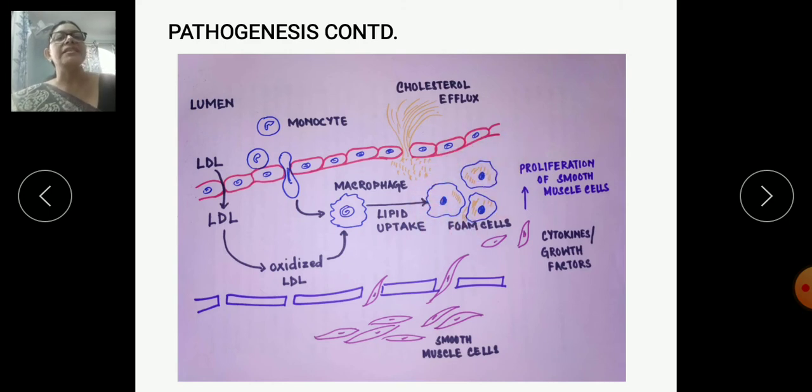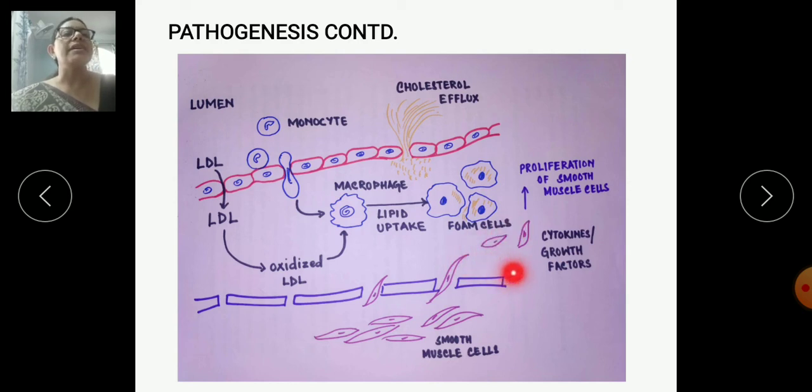Again, there is proliferation of the smooth muscle cell. The proliferation of smooth muscle cell takes place in the tunica media, and as the number of smooth muscle cells increases, they move from the media to the intima layer.